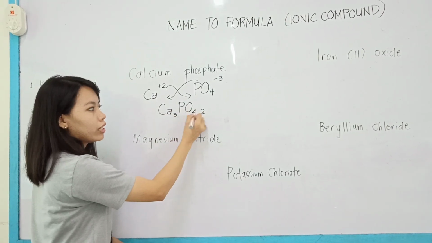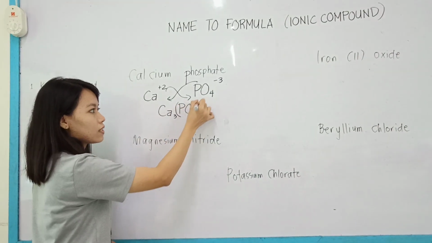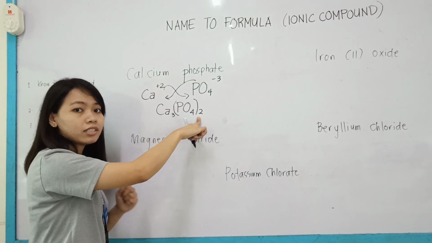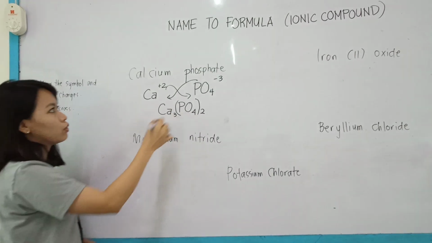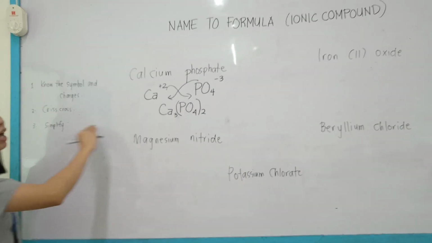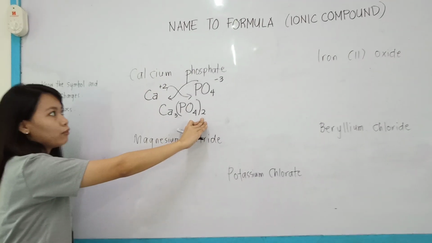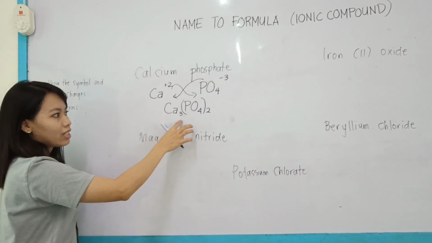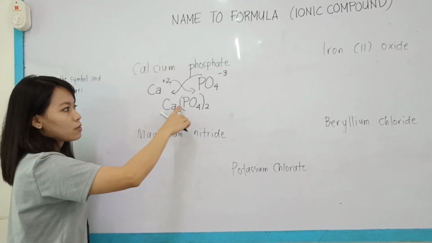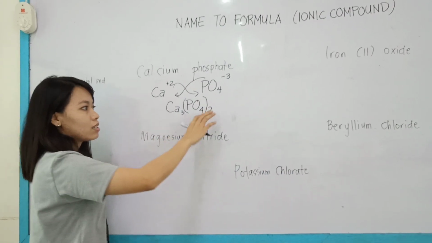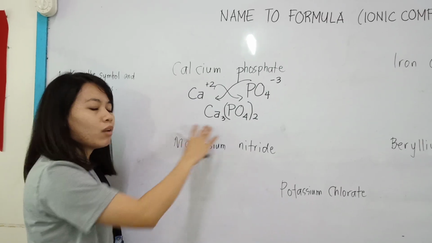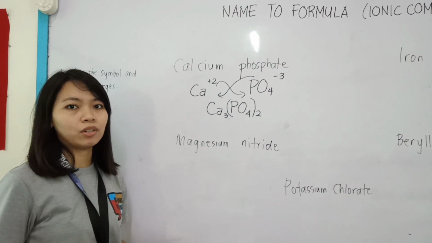Therefore, i-enclose natin ang PO4 sa parenthesis since more than 1 ang kanyang subscript. So this is the formula for calcium phosphate: Ca3(PO4)2. Hindi na siya masisimplify dahil wala silang common denominator.